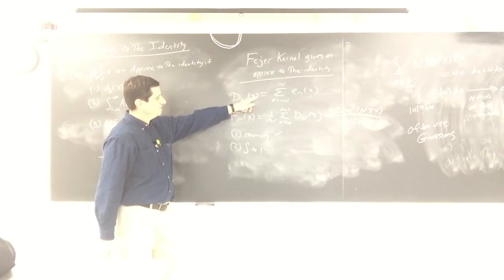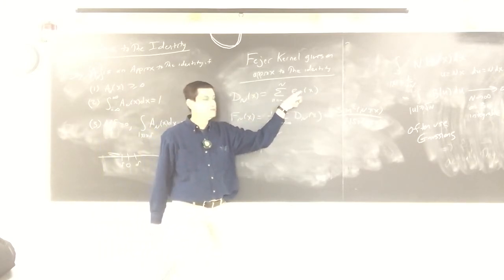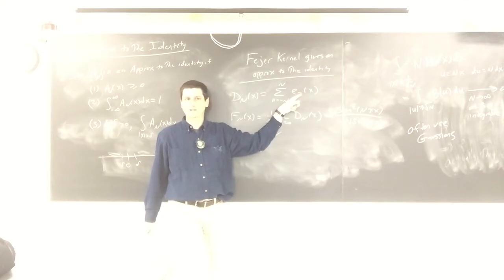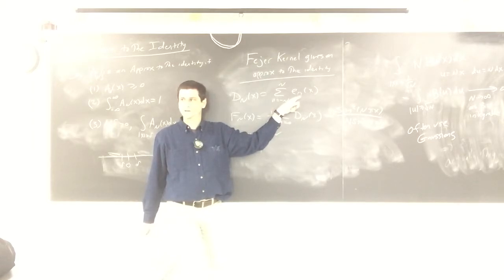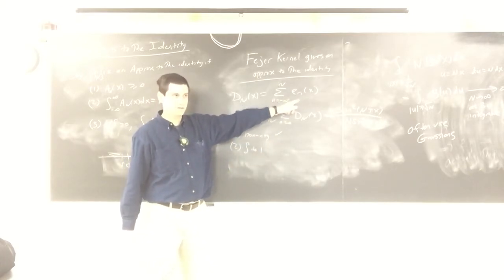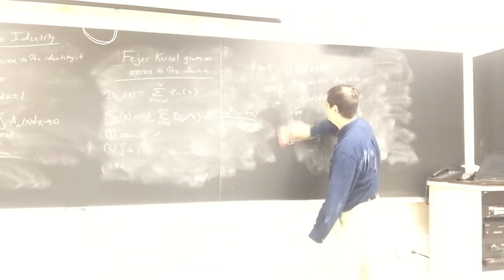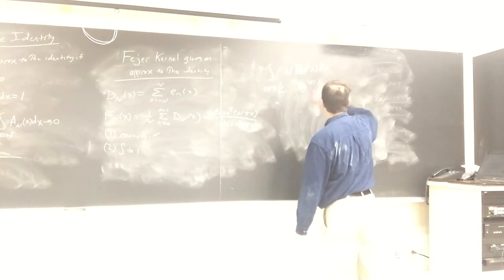Well, if you look at D_n of x, if I integrate D_n of x from 0 to 1, what's the only term that has a non-zero integral? Remember, these are all sines and cosines. If n is not 0, e_n of x integrates to 0, right? So the only term that contributes is when n equals 0.